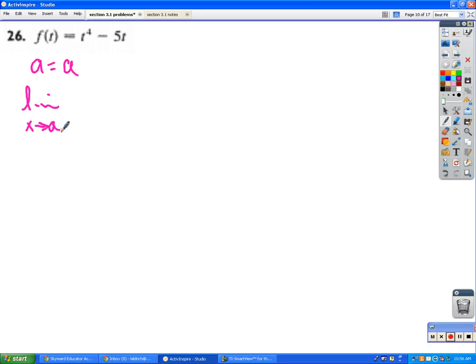We're going to take the limit as x approaches a of f of x, which is x to the fourth minus 5x. There's no number, we're just coming up with a general formula.